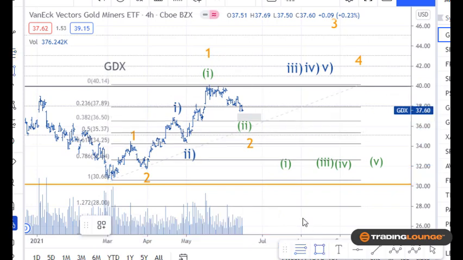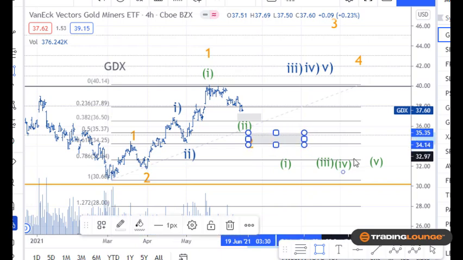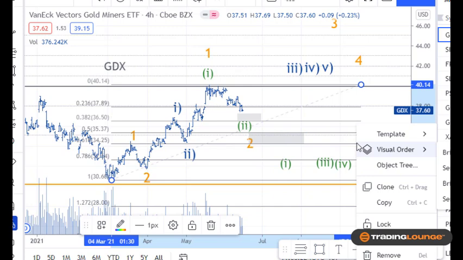Then looking at this here as worst case scenario, pulling back into this space. So $34 in that regard.